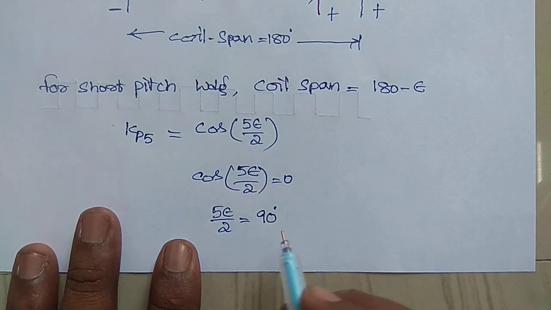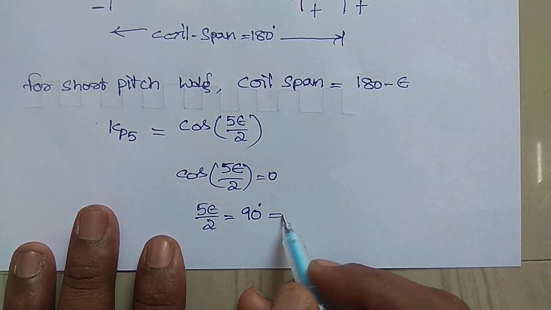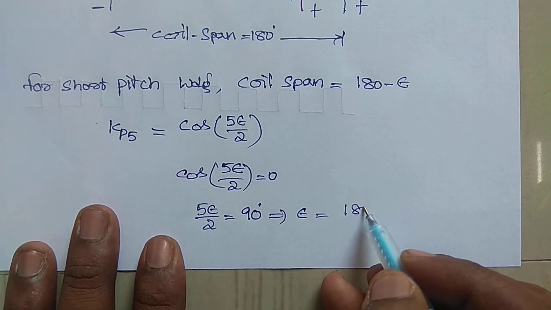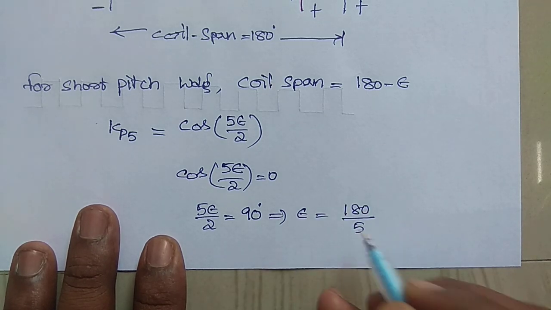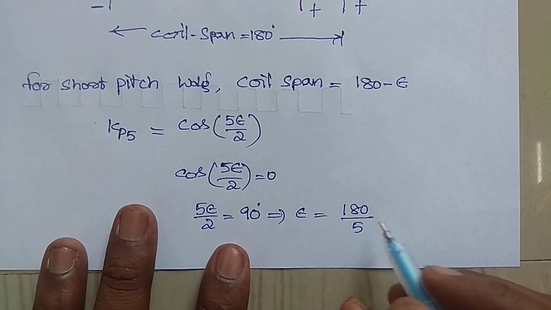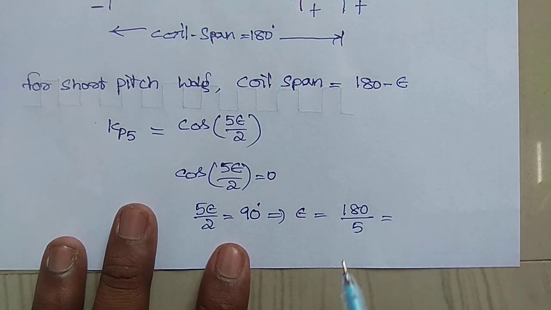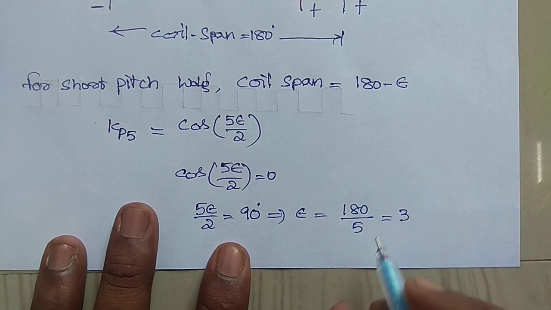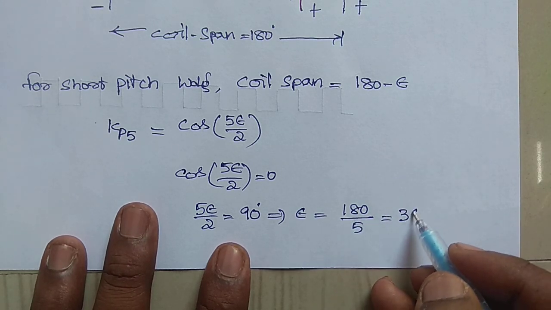So what is the epsilon value? That epsilon value is equal to 180 by 5. Is it right or not? So what is this value? It is 36.